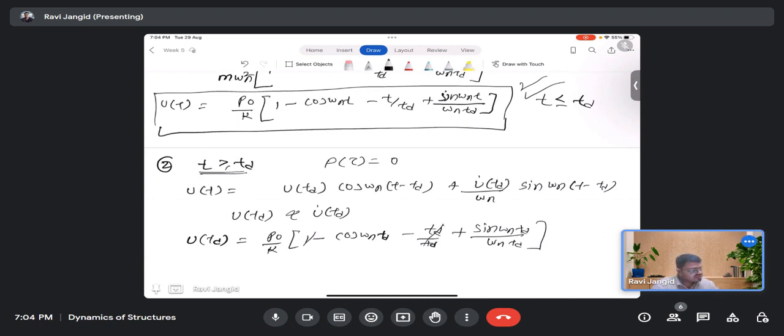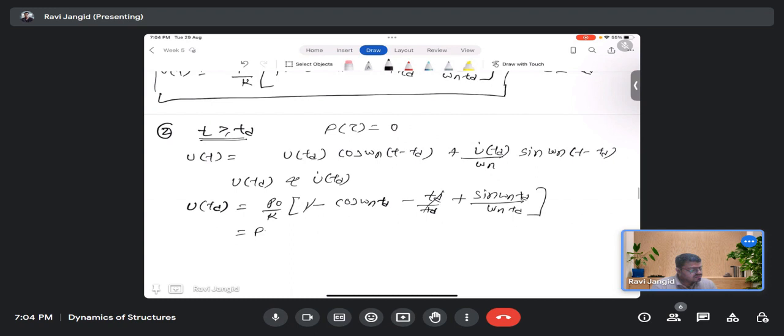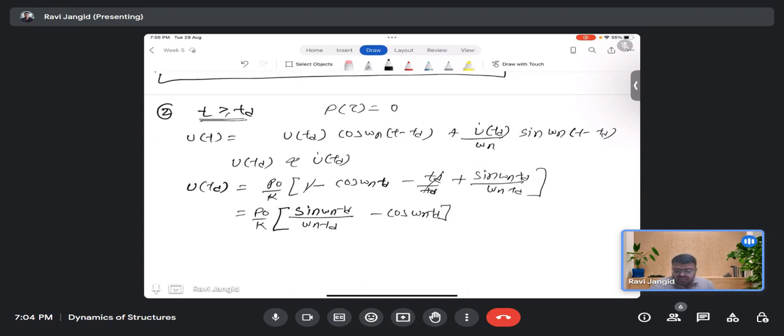So this will become P naught by k into sine omega n td over omega n td minus cos omega n td. Is it okay?